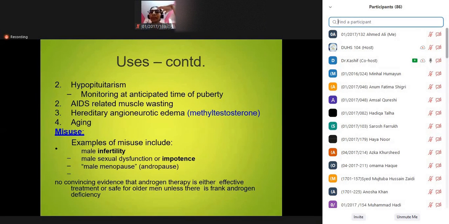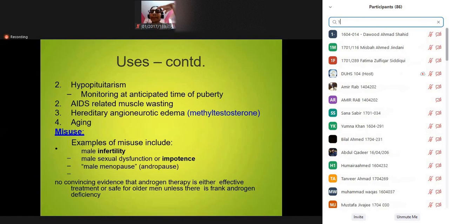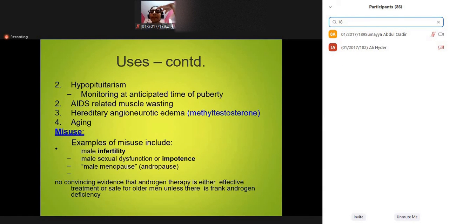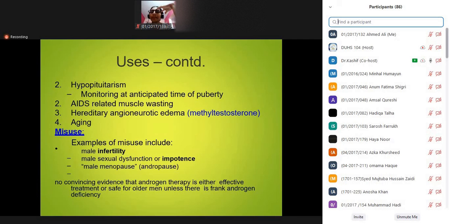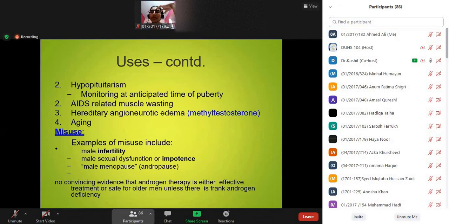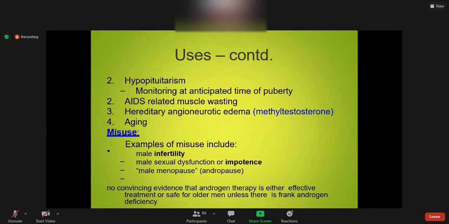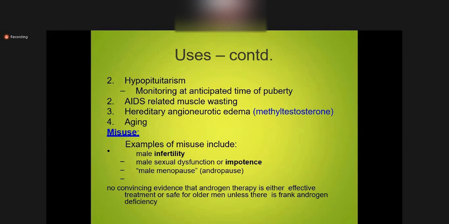Hereditary angioneurotic edema is also a condition where you use methyl testosterone. Aging can be a use, but it is not commonly used, because the low level of testosterone links to aging, so aging might be reversed by using this.